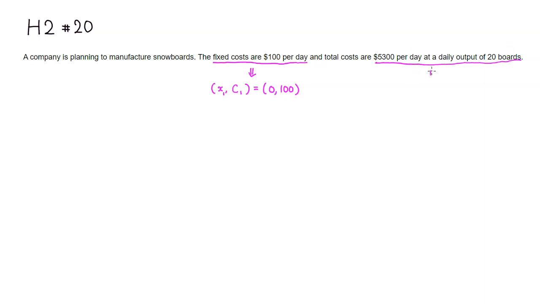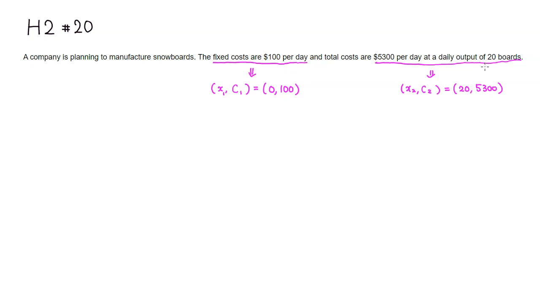This gives you the second point, x2, c2, where x2 would be 20 and the cost is 5,300.